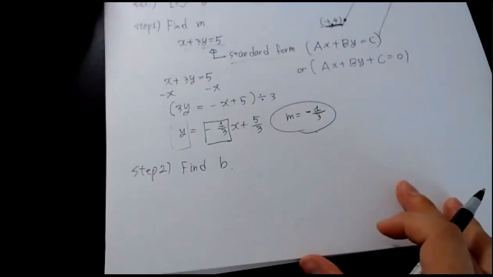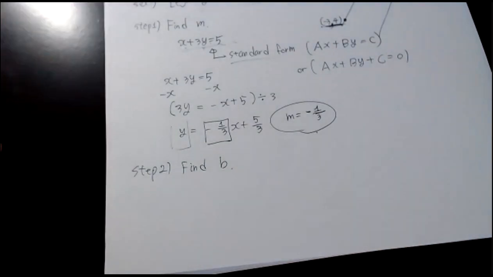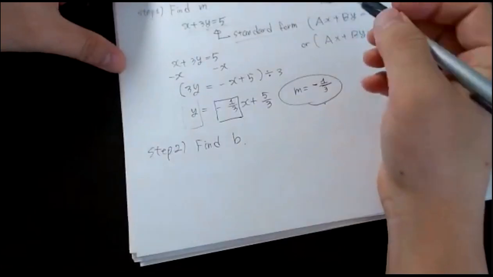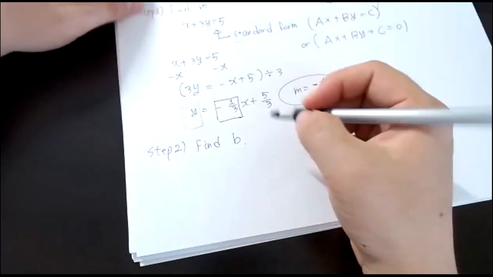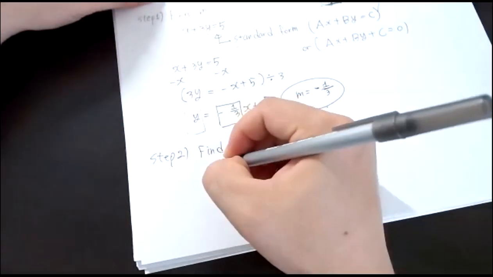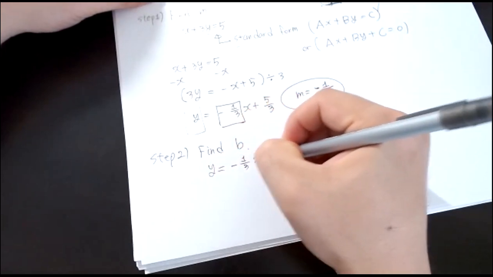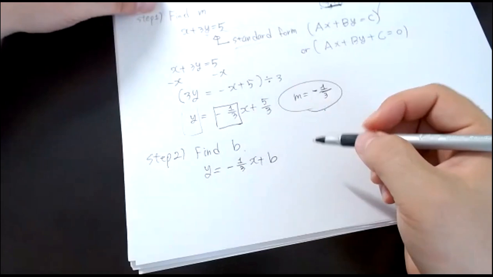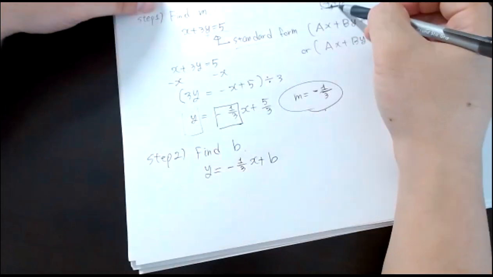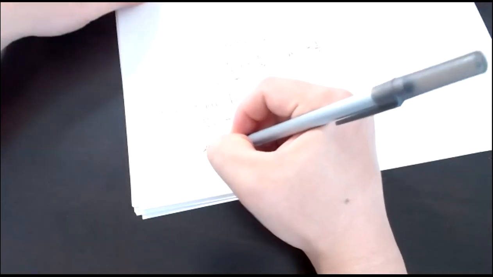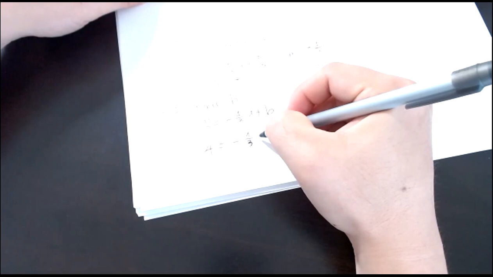So far we got y is equal to negative 1/3 x plus b. So I'm going to plug in negative 3 and 4 into x and y respectively. So 4 is equal to negative 1/3 times negative 3 plus b, right?